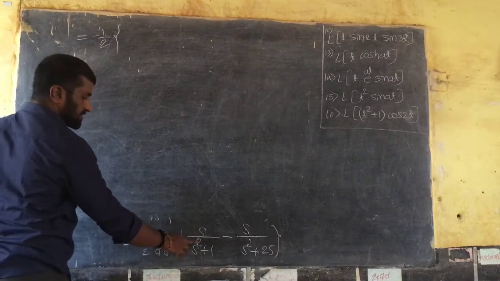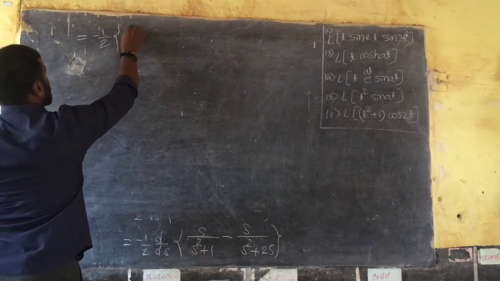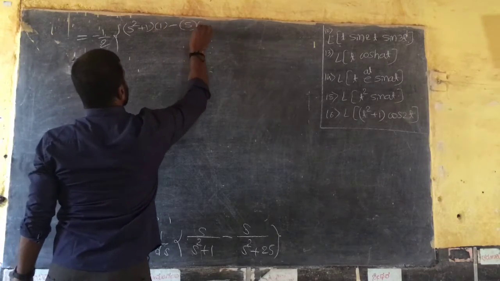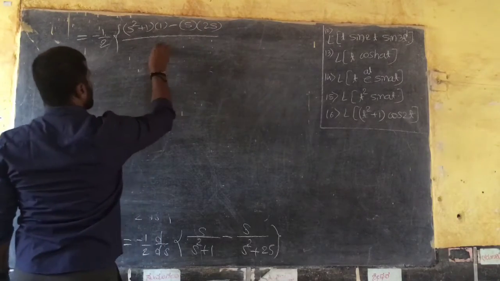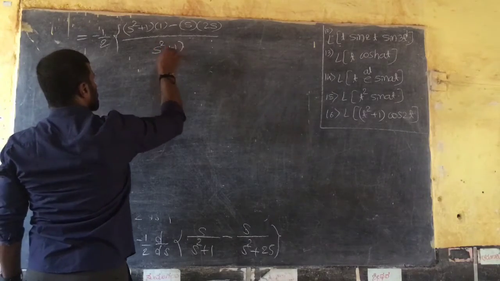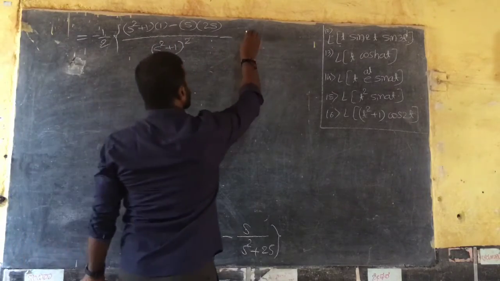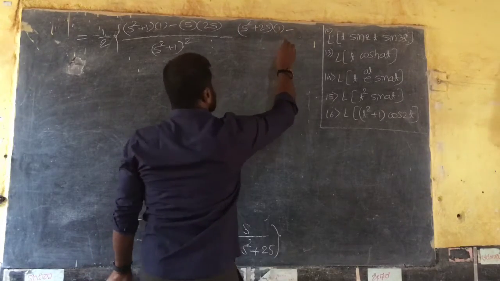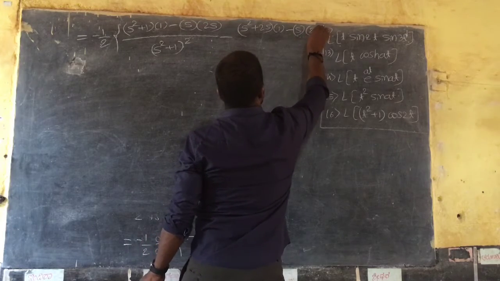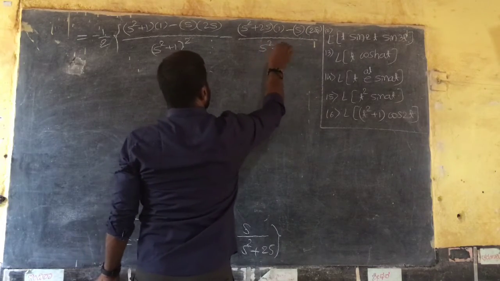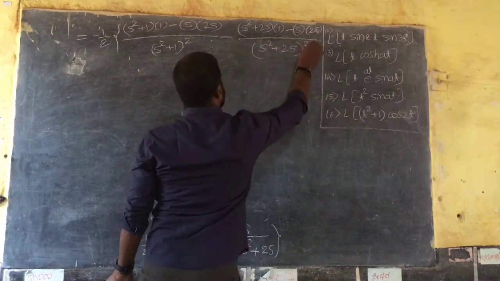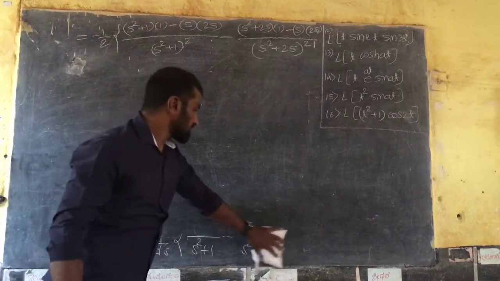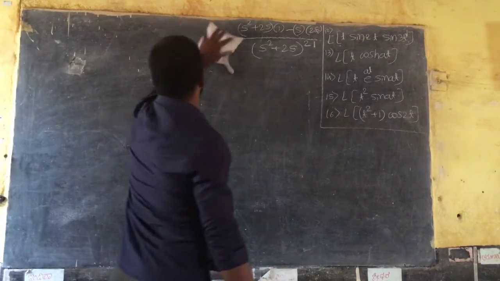So s square plus 1 into 1 minus s into 2s, divided by s square plus 1 whole square, minus s square plus 25 into 1 minus s into 2s, divided by s square plus 25 whole square. Then simplify, we get the final result. So 12 is completed. These are yesterday's examples.